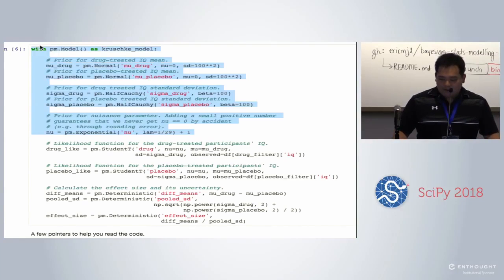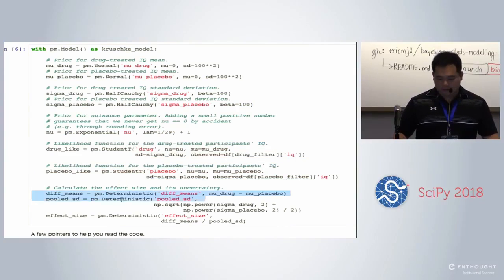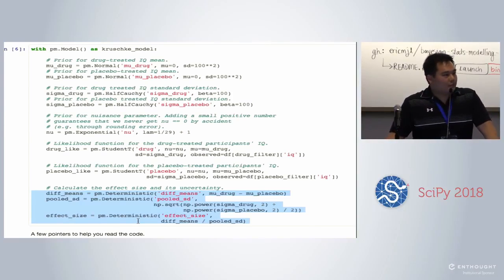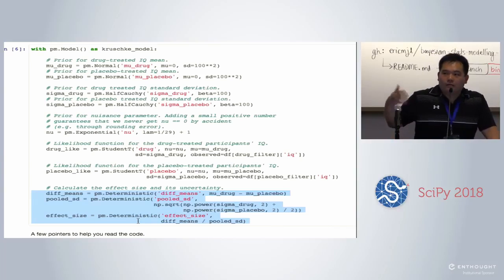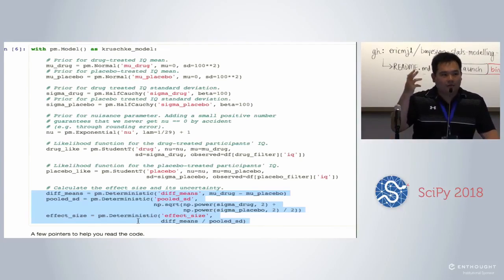So we have the priors, and then we have the likelihood functions. We parameterize them with Student t distributions, and then we can calculate some things that we would normally be interested in given the data, such as the effect size. One thing that's really cool is that we can do math with these probability distributions and not worry about the specifics.